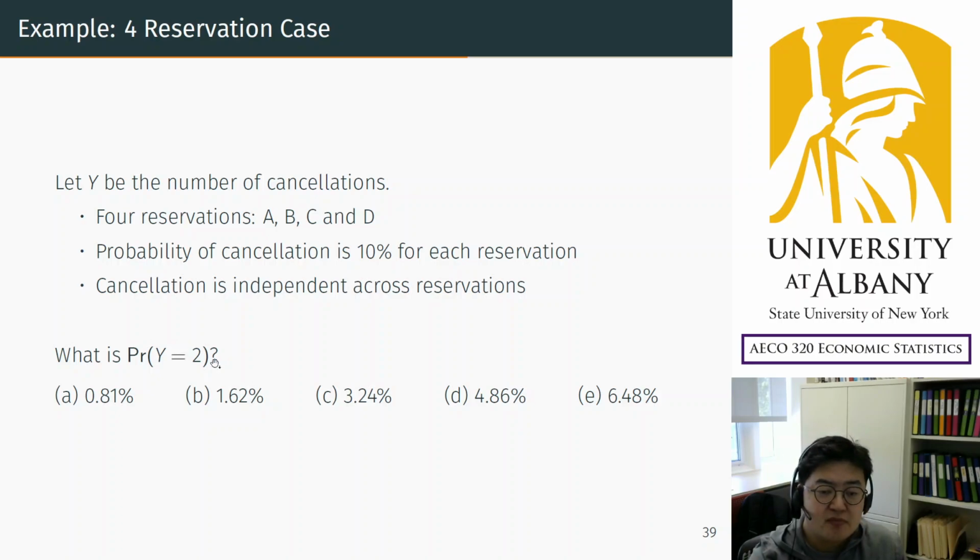So then cancellation is success. So success happened twice and failure happened twice. Then what remains is the number of possible combinations under this event, right? So keep that in mind. If you understand that principle, now you can try to calculate this probability.